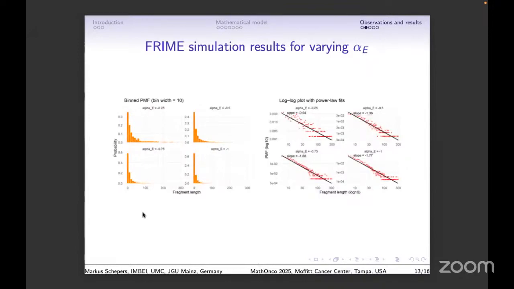And if we look at the dependence on the exit power, where we only consider negative exponents, as we increase negativity, also the tail becomes somewhat weaker.